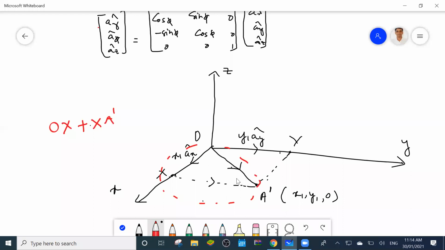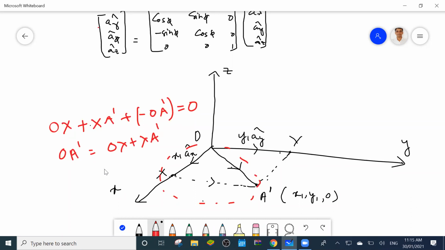But this A dash is in a different direction, opposite to that vector, so I can write plus minus of OA dash, because it is not in clockwise or anti-clockwise direction or in the same direction. So this is equal to 0. From this you can find OA dash equals OX plus XA dash.